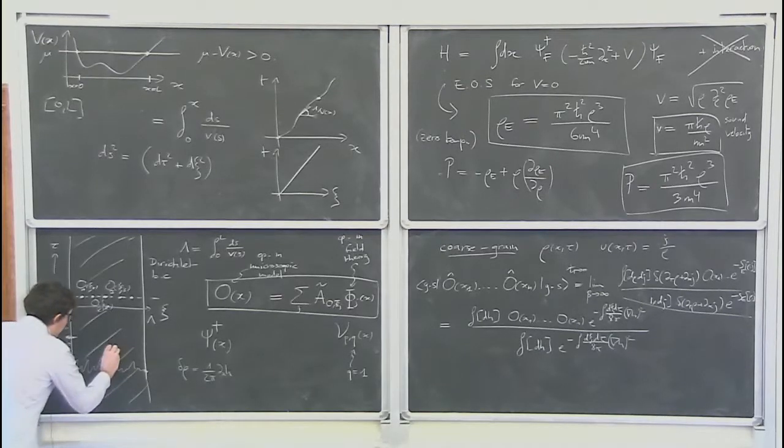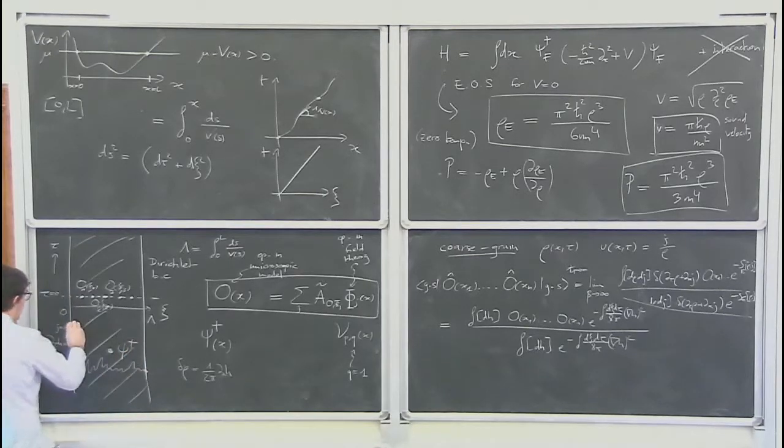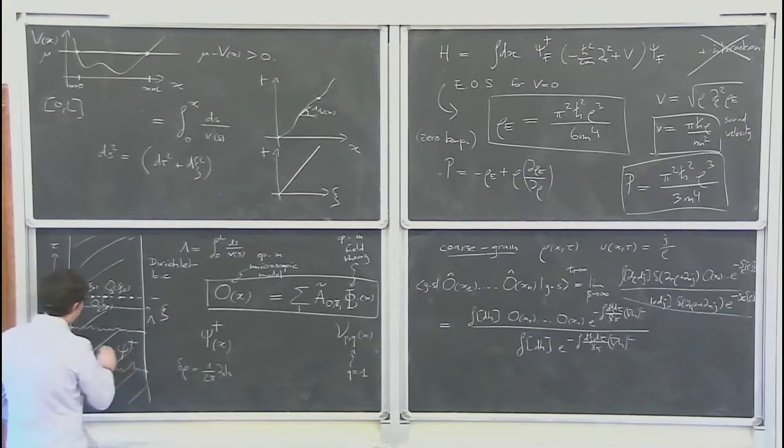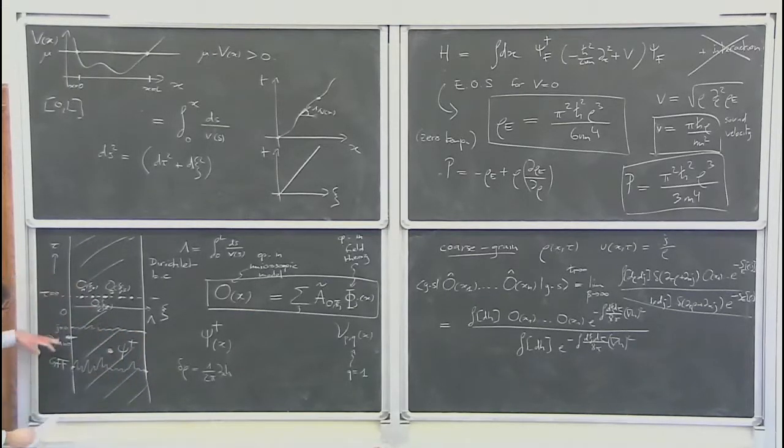But now if we insert an operator here that creates a particle, and we calculate the integral of h from here to here, this is now the number of particles after we have applied psi dagger minus the number of particles in the ground state, and so this has to be 1.